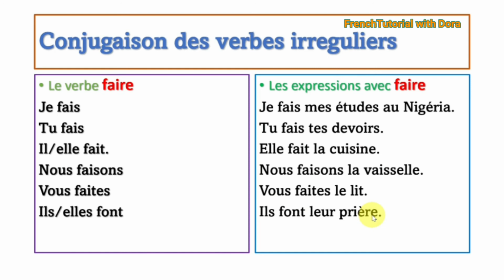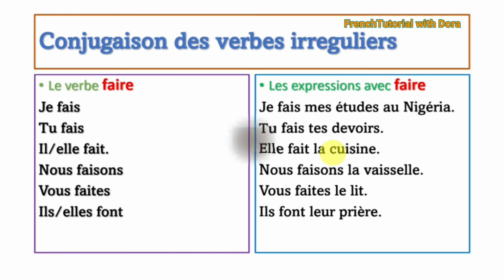To say the prayer in French, you say, je fais la prière. So you can see that some of these expressions are not exactly the way they are said in English. So don't bother yourself about analyzing how this one became, she is cooking. Elle fait la cuisine. Please just take it that this is the French way of saying these things, okay?